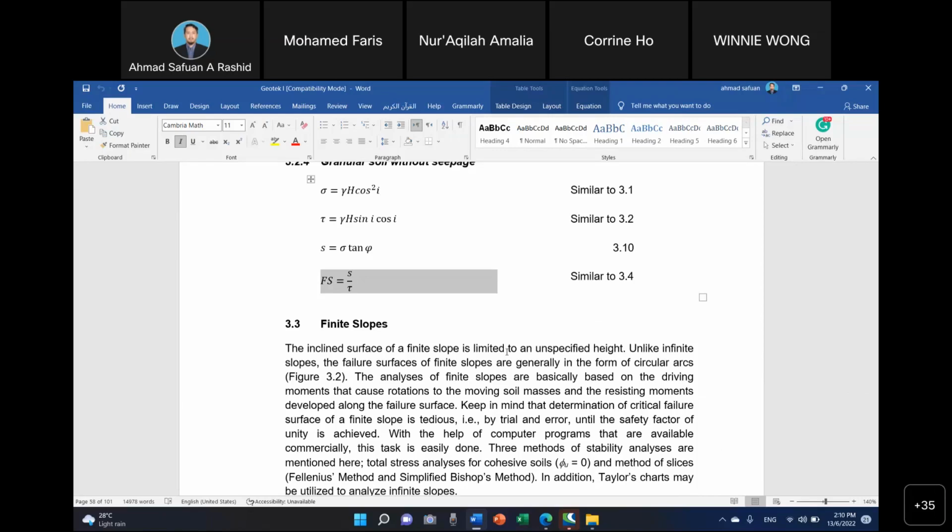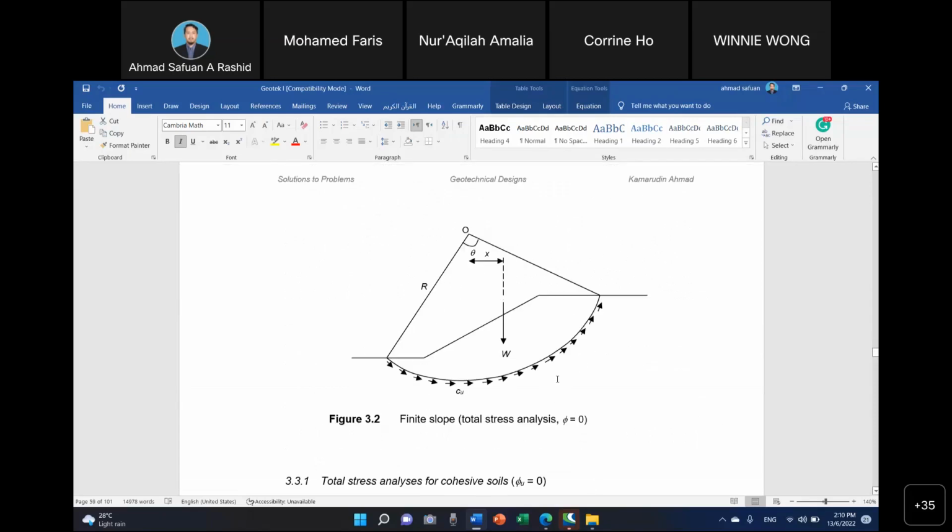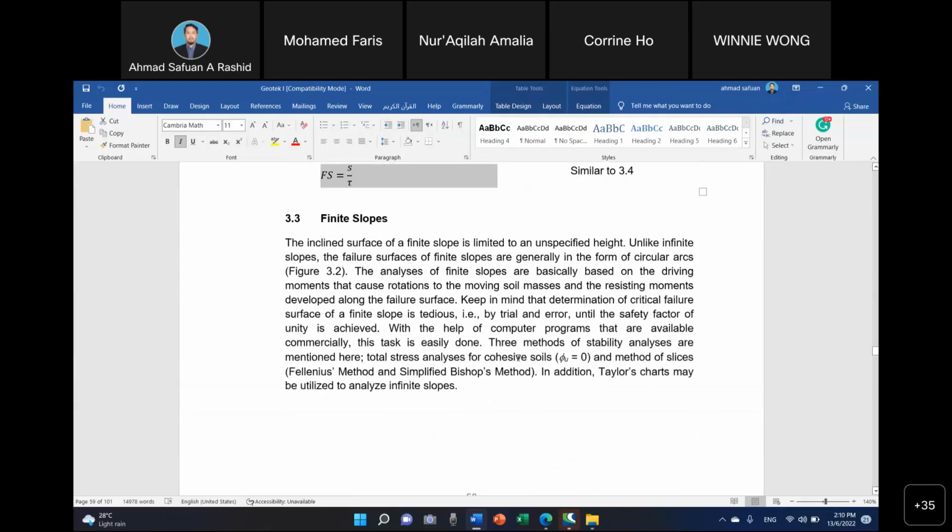Unlike infinite slope, the failure surface of a finite slope is generally in the form of a circular arc. So these are the common methods used to determine the factor of safety for the finite slope.